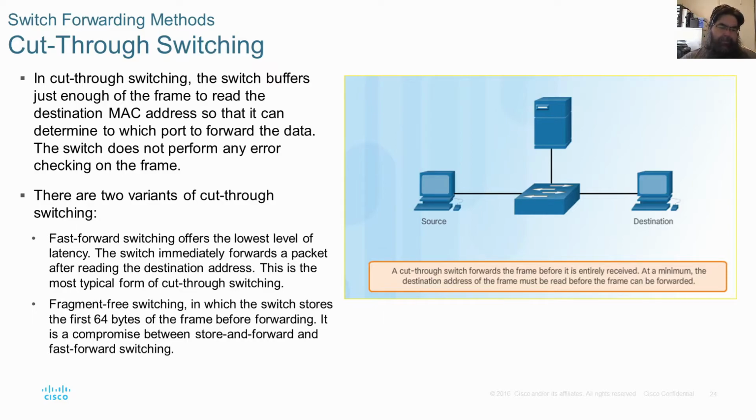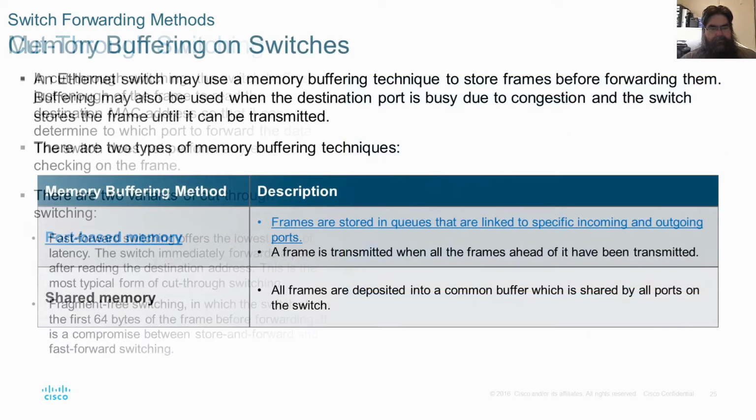The other method is fragment-free switching, which means 64 bytes has to arrive before it'll make a forwarding decision. This is to ensure that the frame isn't a runt, and so it adds a little bit of delay into the process because of having to wait for the first 64 bytes, but it's not that much of a delay.